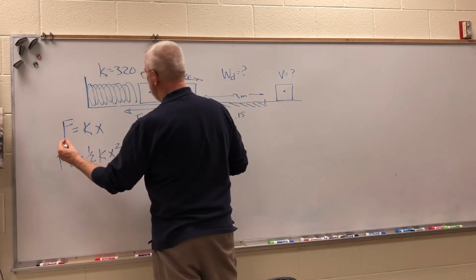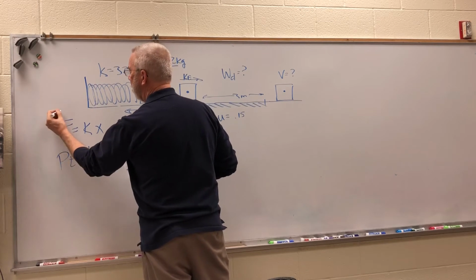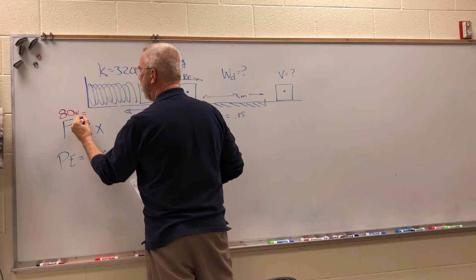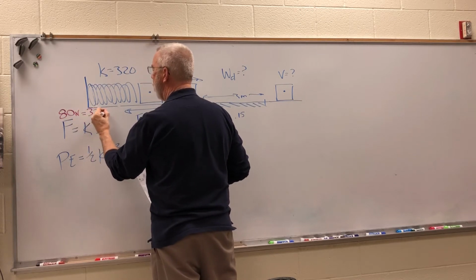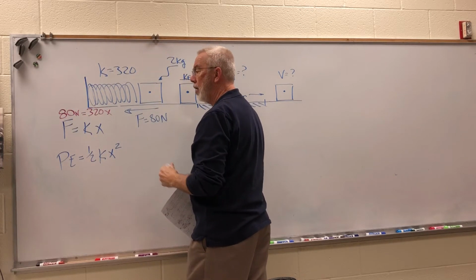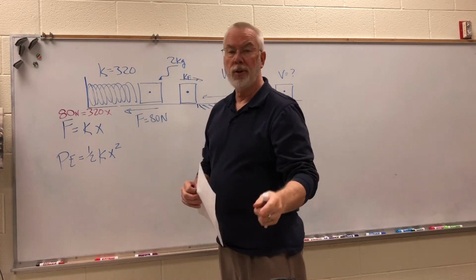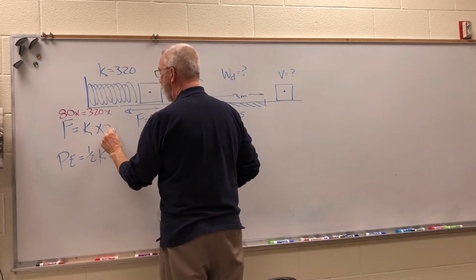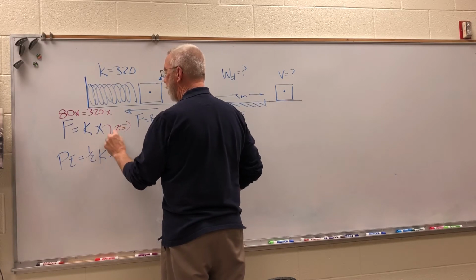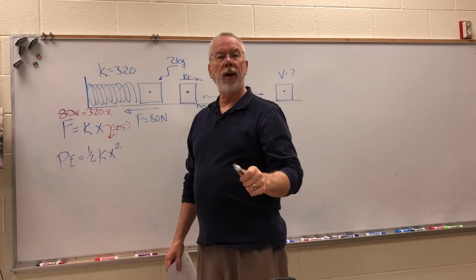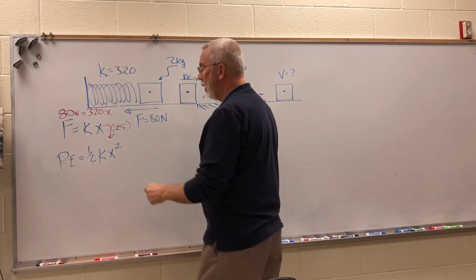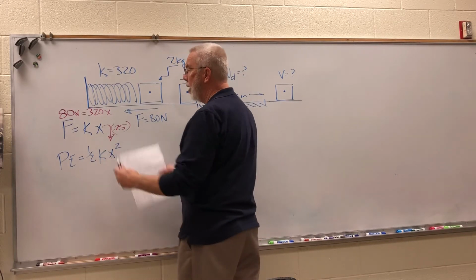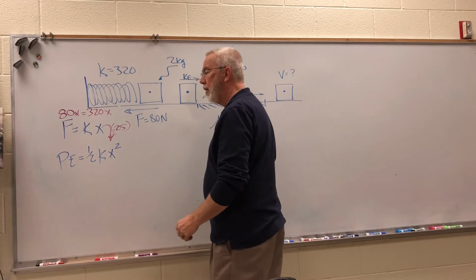So we've got 80 newtons is equal to 320 x. So we're going to solve for x, and x comes out to be 0.25. And the units for x is meters. So we're going to immediately substitute that into the next formula because we're interested in the amount of energy.